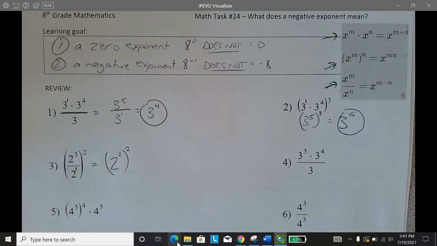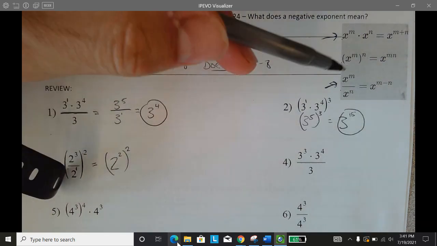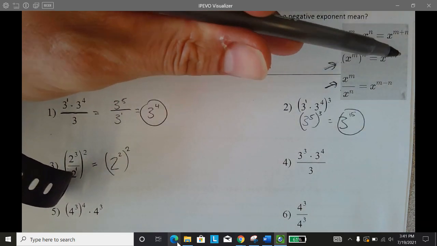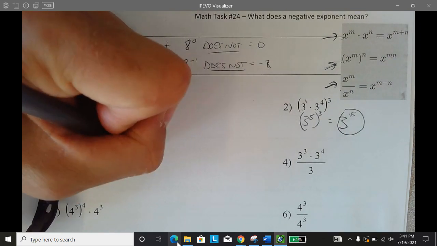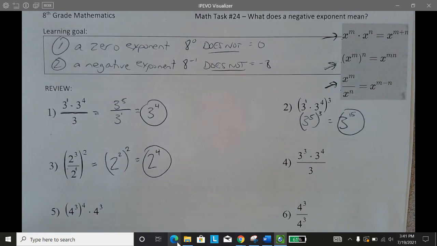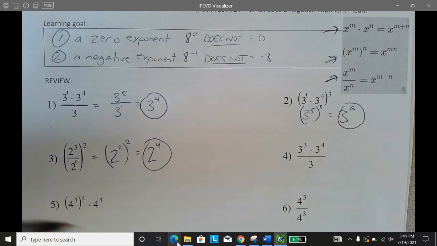And it's all raised to the 2nd power. Now I have a base to a power to a power, so I multiply, and I get 2 to the 2 times 2, which is 4th power. That's my answer. What I want you to do is pause the video here and try these 3 on your paper.